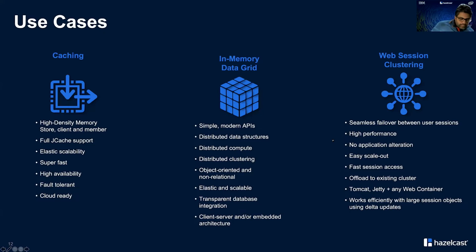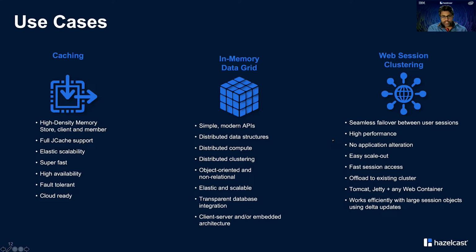And in terms of usability, in my opinion, it's the easiest technology to use, not just in terms of deployment, but also from the API standpoint, because all Hazelcast data structures are direct extensions of standard Java APIs.